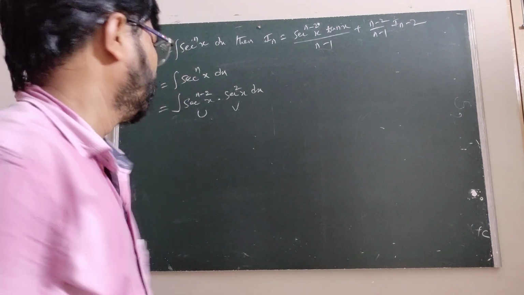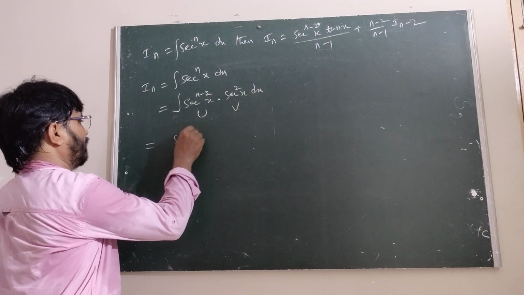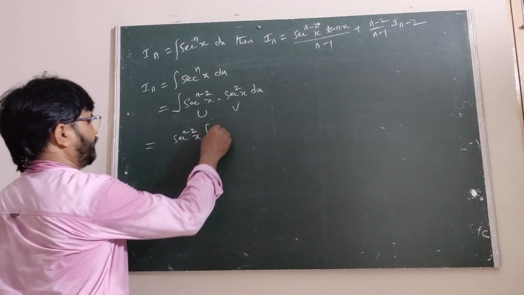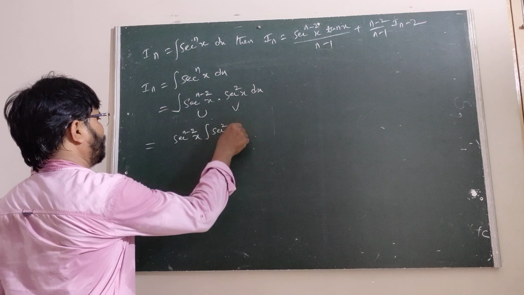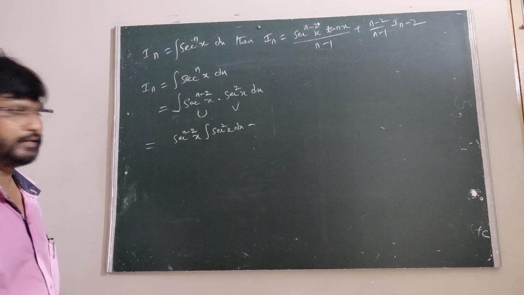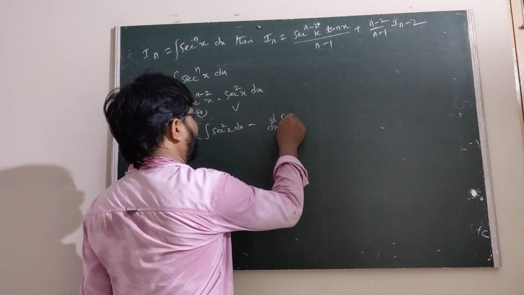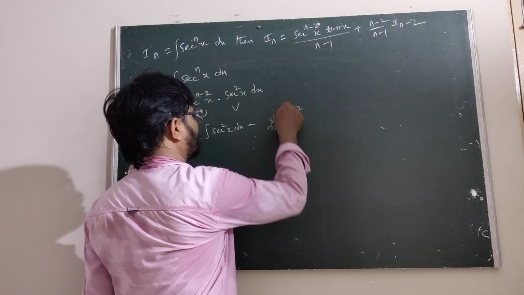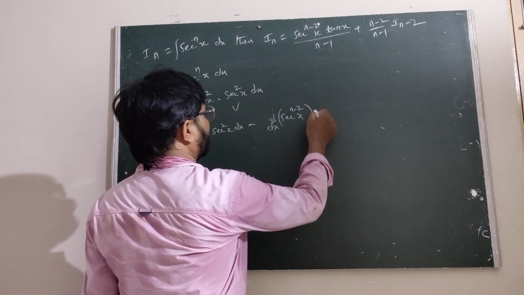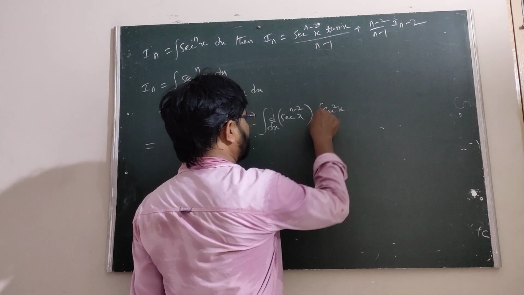Now the uv rule: the first into the integral of the second, minus the integral of the derivative of the first into the integral of the second. Here the first is secant power n minus 2 x and the second is secant square x.